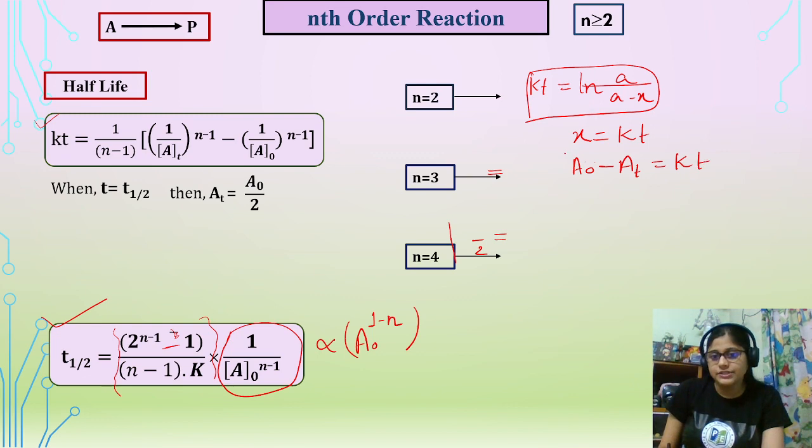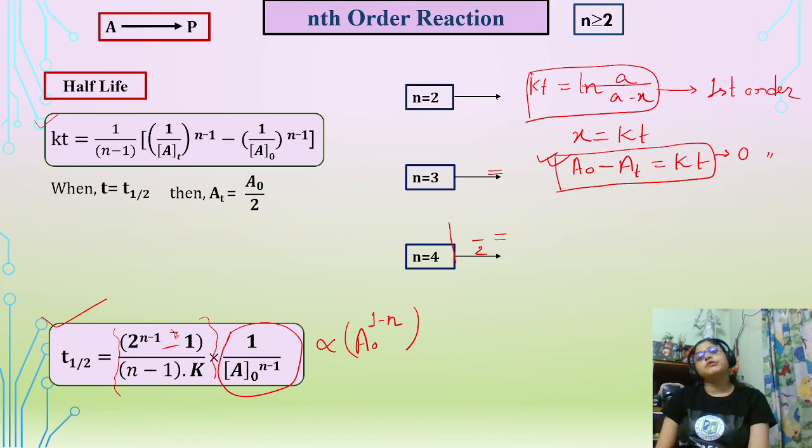These two you have to remember. This is for first order, and this is for zero order. And then you have to remember this one for nth order reaction, and you have to remember the T half for the nth order reaction.